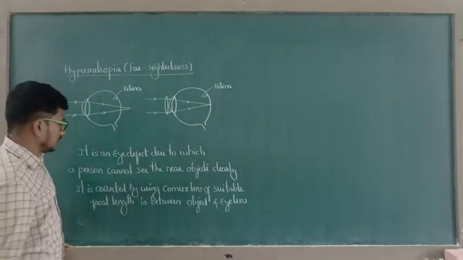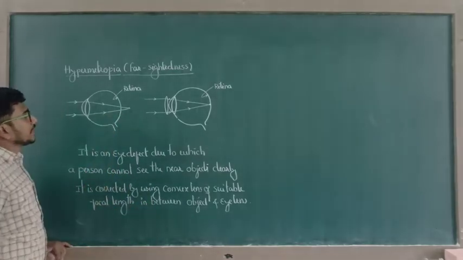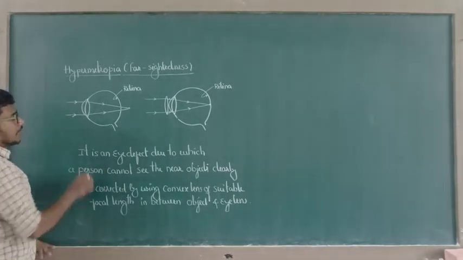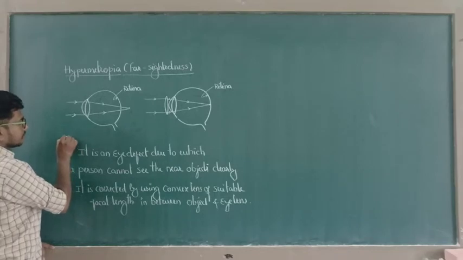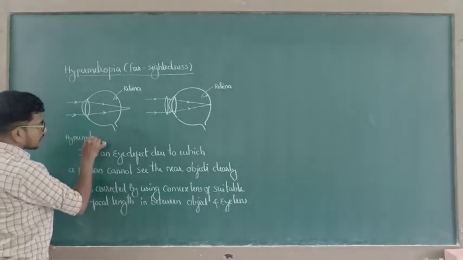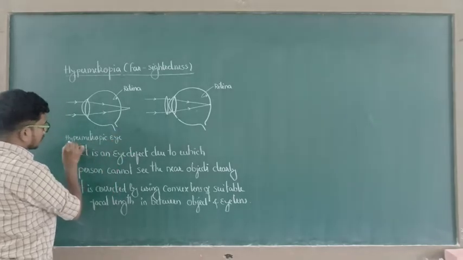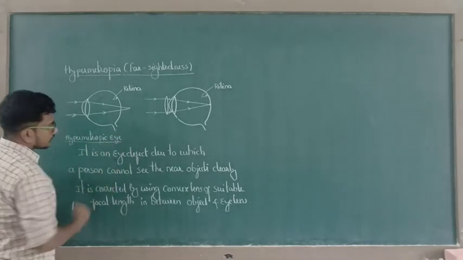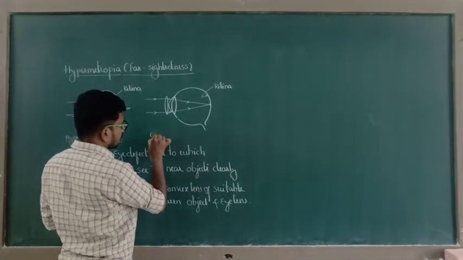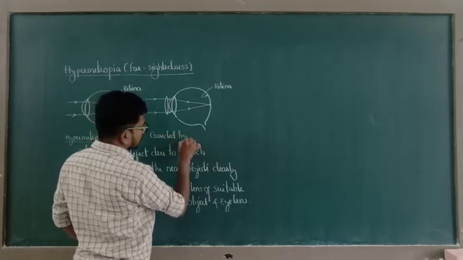So this is because intersecting point lies behind the retina. Hypermetropic eye, corrected hypermetropic eye.